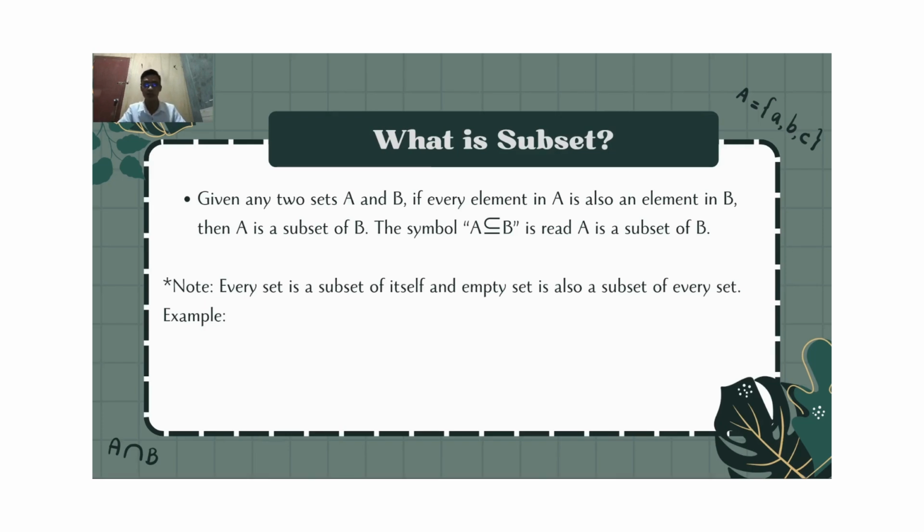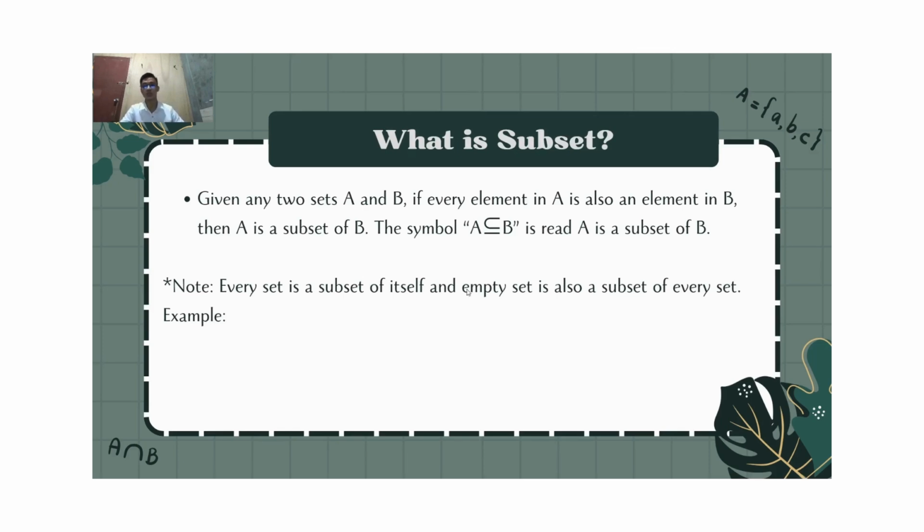As you notice there, the symbol A subset B. That is how we should read it: A is a subset of B.